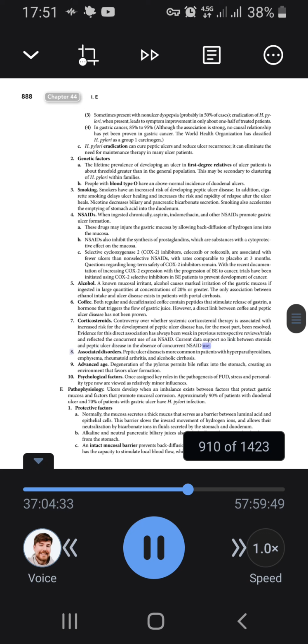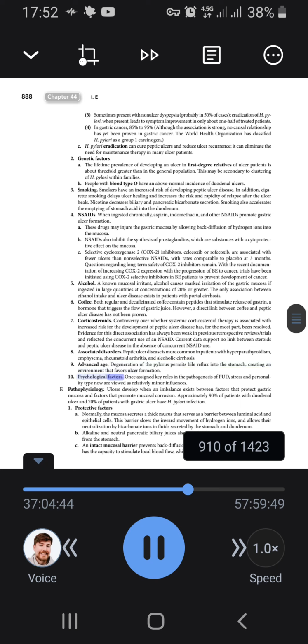8. Associated disorders. Peptic ulcer disease is more common in patients with hyperparathyroidism, emphysema, rheumatoid arthritis, and alcoholic cirrhosis. 9. Advanced age. Degeneration of the pylorus permits bile reflux into the stomach, creating an environment that favors ulcer formation. 10.